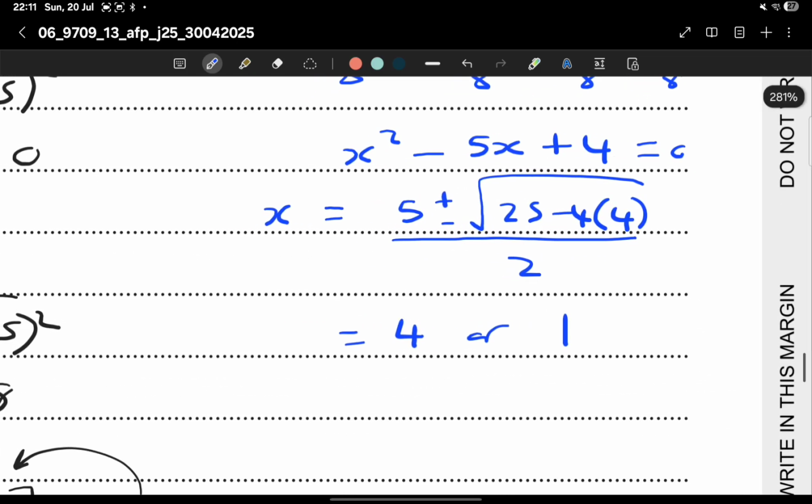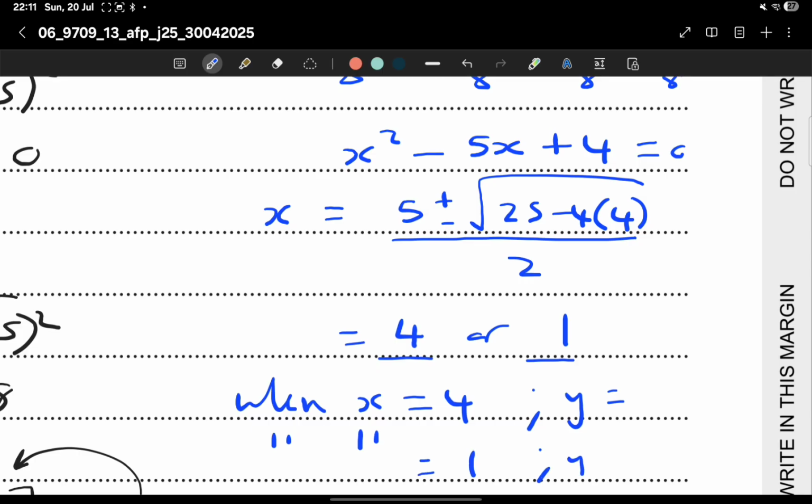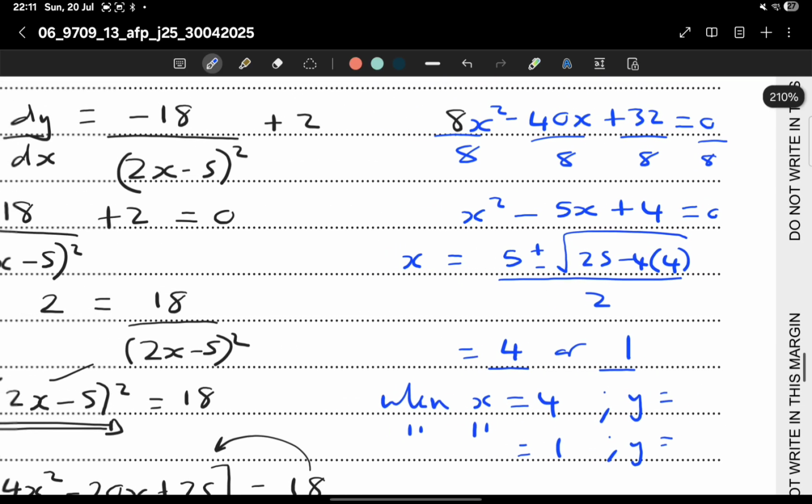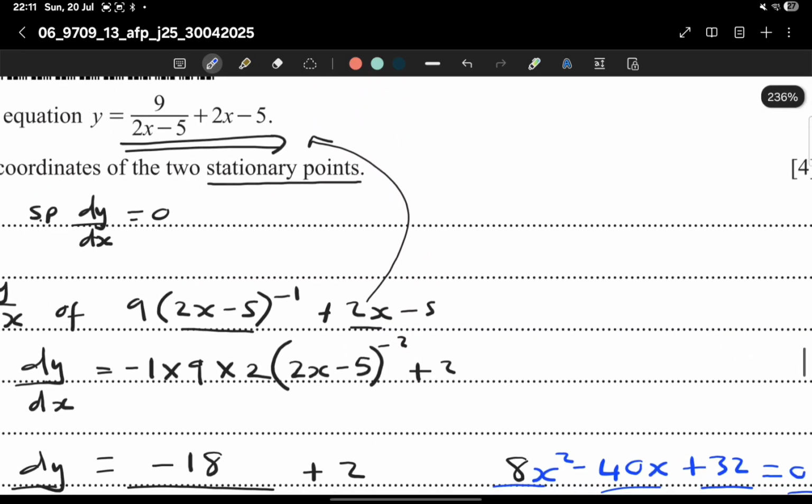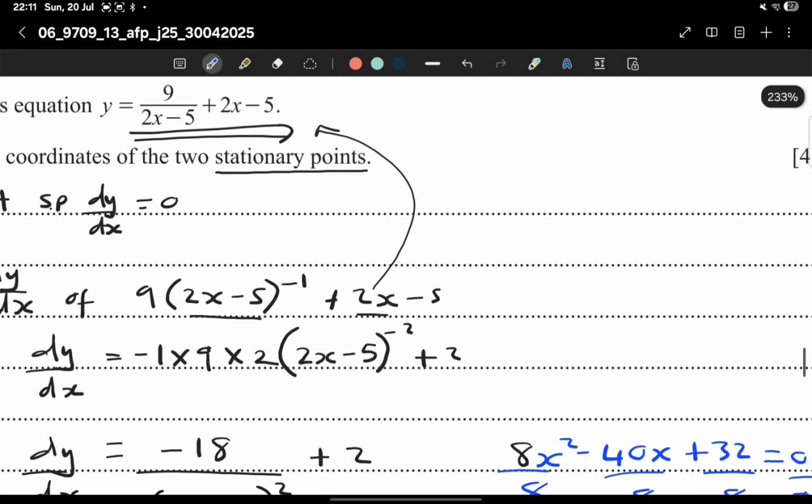So for us to get the coordinates, we're going to substitute these two values into the original equation. When x equals 4, y equals something. When x equals 1, then y should be something. So we're going to substitute 4 and 1 into this original equation right here.